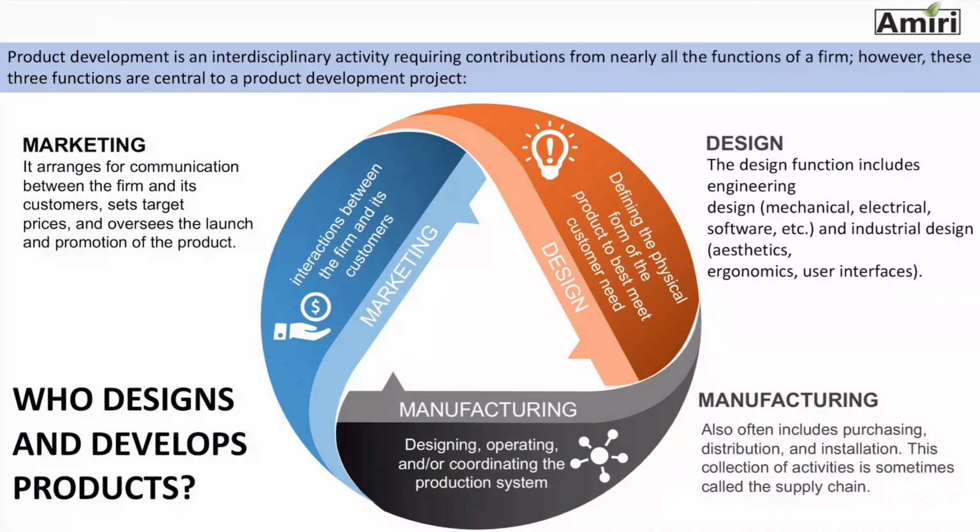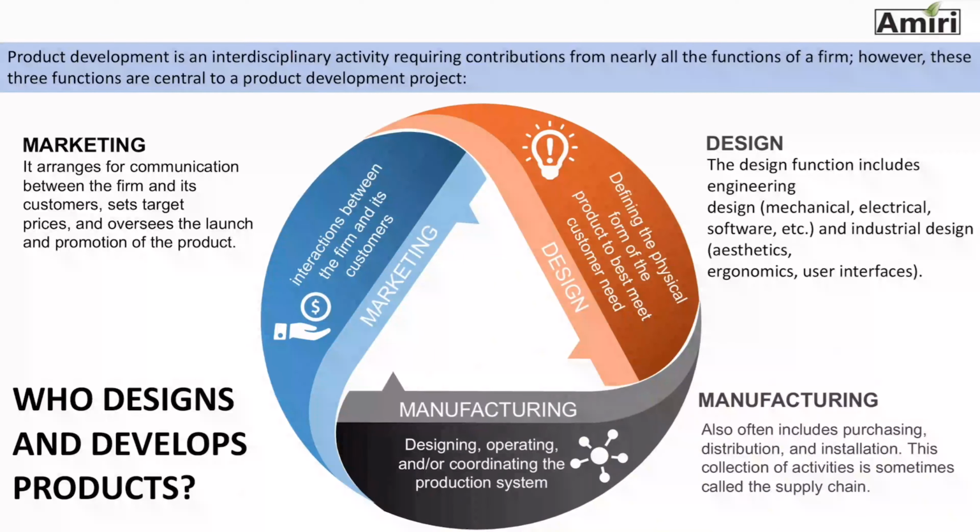Manufacturing starts in the design and ends with manufacturing. We're going to have videos later on design for manufacturing that speak to this. Manufacturing starts early on, at the stage of design, with design for manufacturing, but also covers the design, operation, and coordination of the production system.